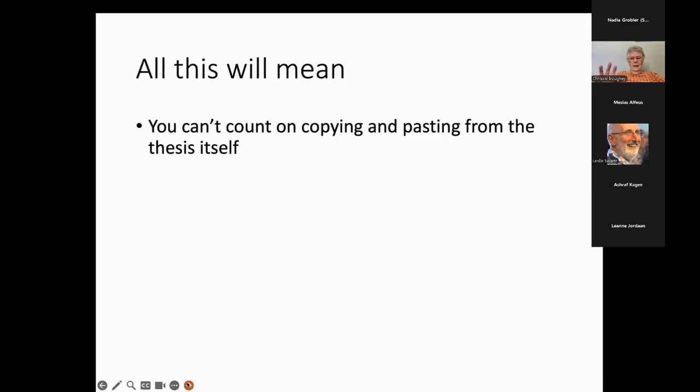So be suspicious if you find yourself scrolling through your thesis and trying to find a paragraph that you can paste. That won't necessarily serve you well. And I'll give you more reasons for that in a minute. Be prepared to write your journal article from the beginning, as though you don't have a thesis.